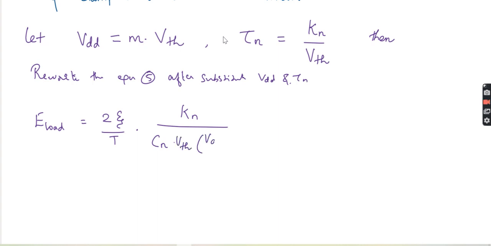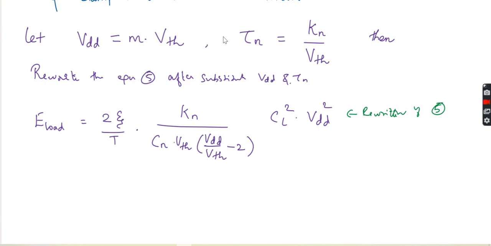So VTH into VDD by VTH minus 2 CL square VDD square. This is a rewritten form of equation number 5. Okay, so we have not done anything new over there. Just for our convenience to make the substitution, we have written it like this.